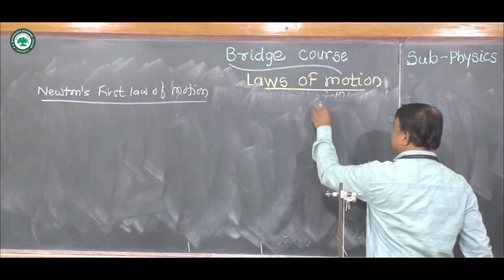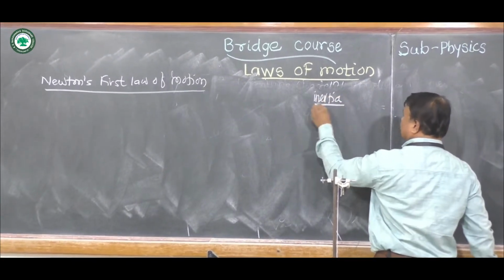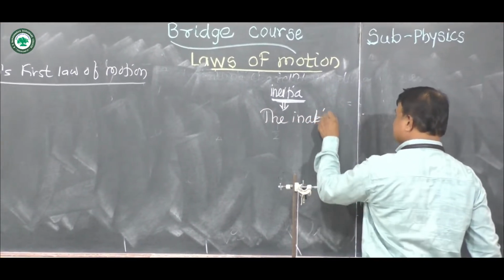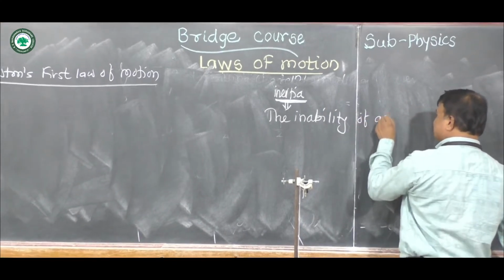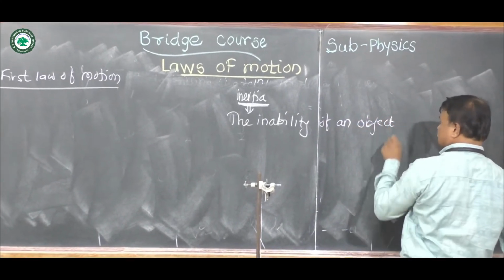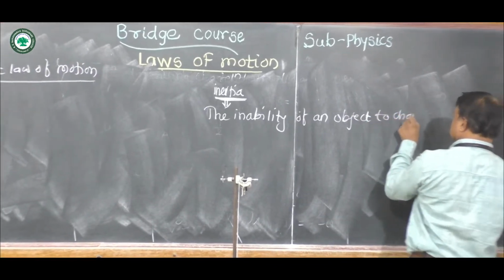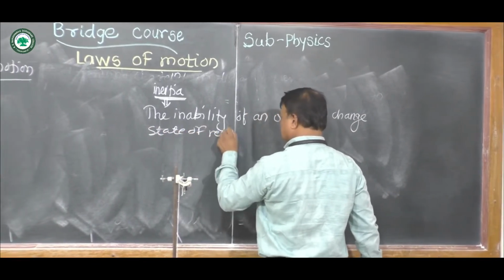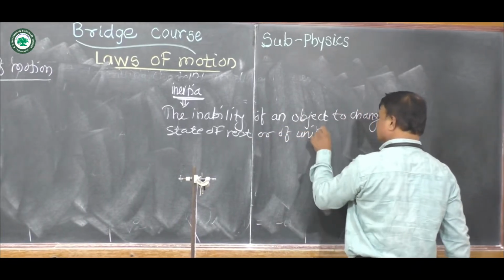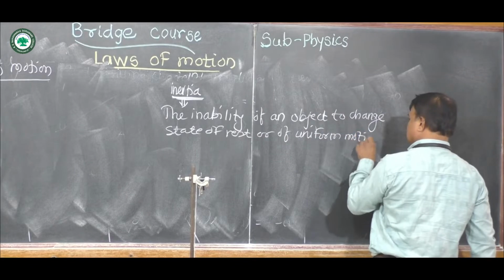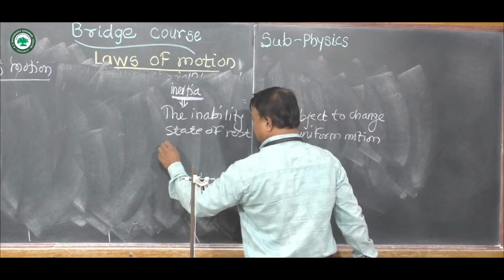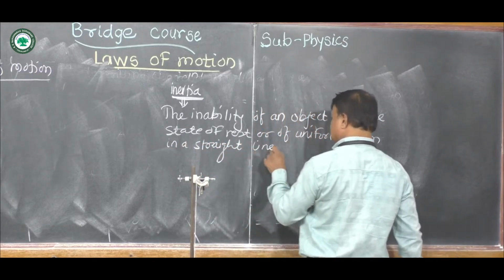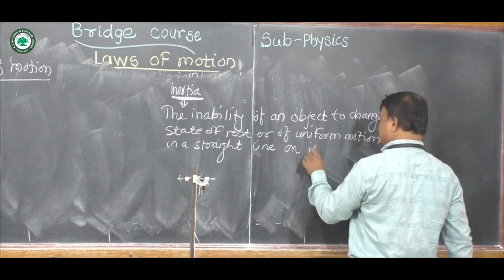So first of all, what is inertia? Inertia is the inability of an object to change its state of rest or of uniform motion in a straight line on its own.